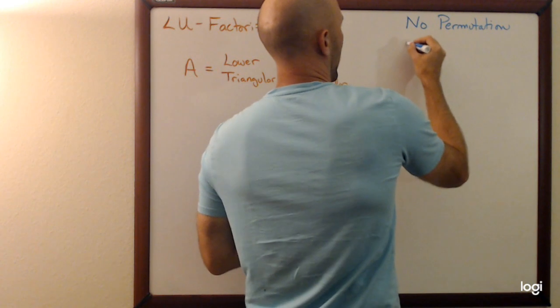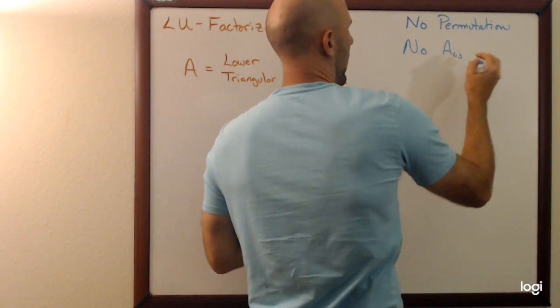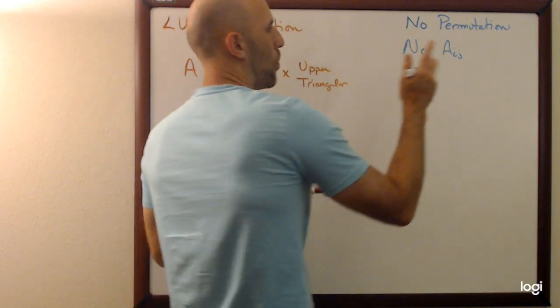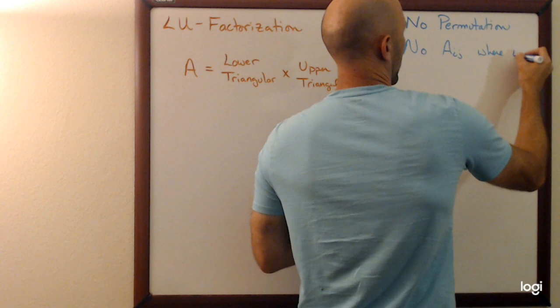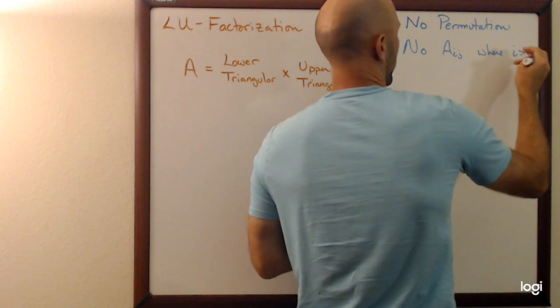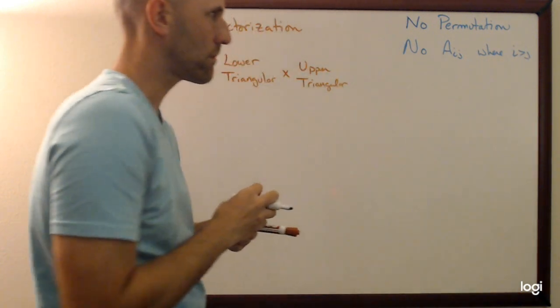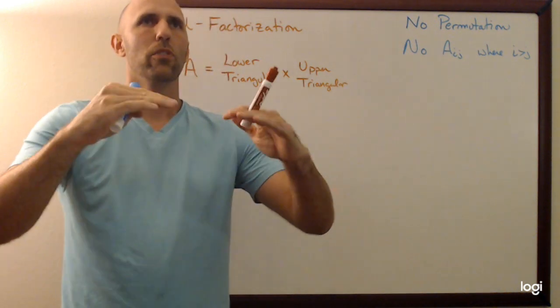Okay, and no A sub ij where i is greater than j. Okay, I don't want to add a multiple of any row to a row above it.